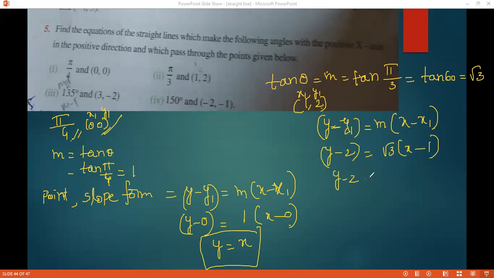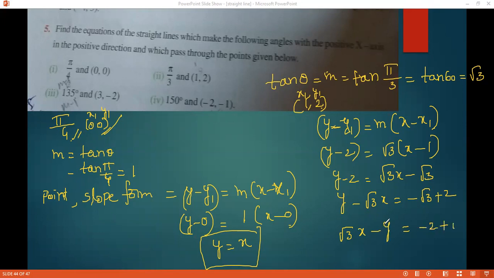So y minus 2 is equal to root 3x minus root 3. So y minus root 3x is equal to minus root 3 plus 2. Okay. So can we change this sign? I'm multiplying the whole equation with a negative sign. So root 3x minus y is equal to minus 2 plus root 3.